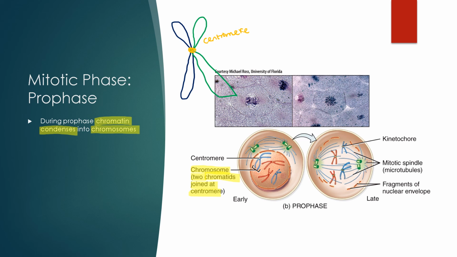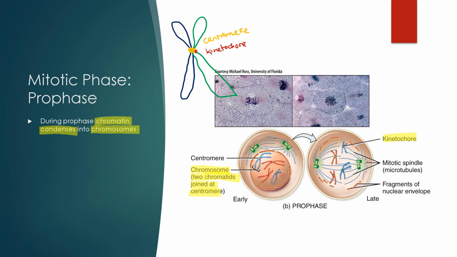And just outside this centromere, right here, we have this protein complex that is known as a kinetochore. You can see this is labeled here.